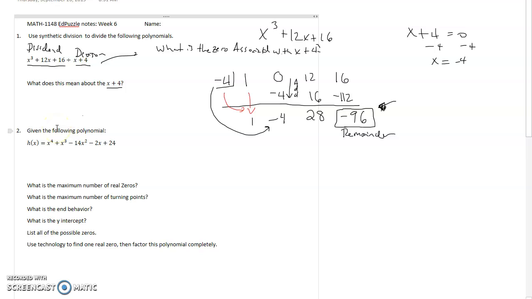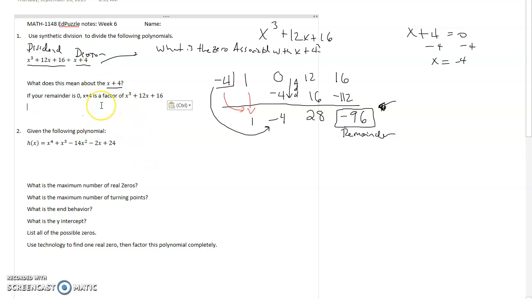So what does this mean about the factor x plus 4? Well, one thing we know is the case is if your remainder is 0, x plus 4 is a factor of this polynomial right here. Meaning that x plus 4 is contained within that, and we're going to see that in our next example.